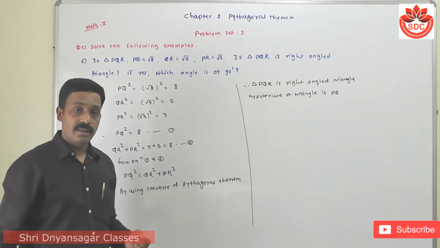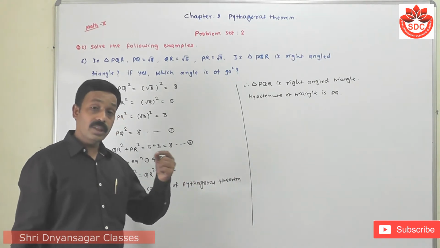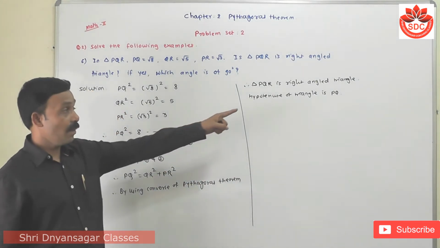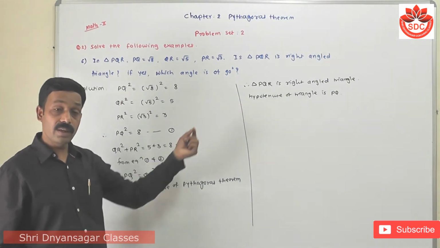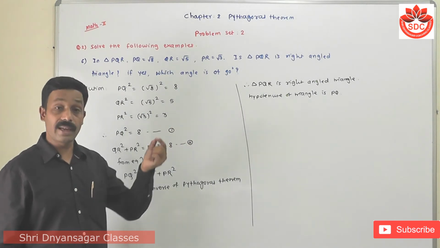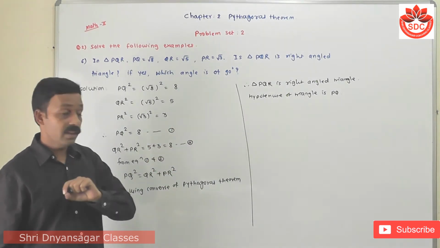Now we know that the angle opposite to the hypotenuse is the right angle. The angle opposite to the hypotenuse PQ is angle R, meaning angle R is the right angle.